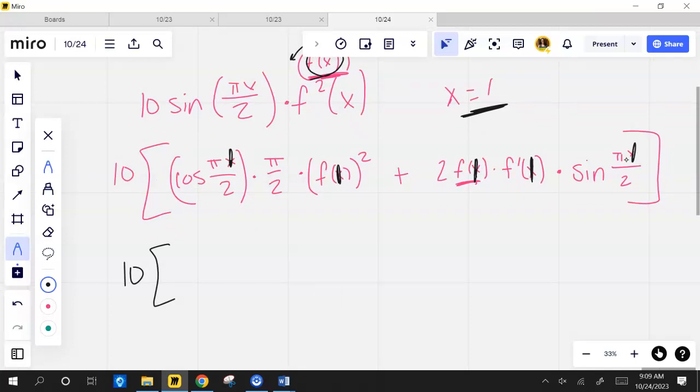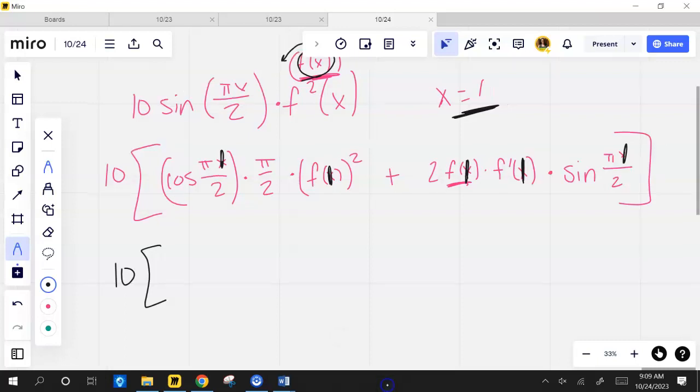What's the cosine of pi over 2? 0, right? I'm up at the top of the circle. That's 0. None of this matters because I'm multiplying to 0. Plus 2 times, what's f of 1? That's in your chart. -3. What's f prime of 1? 1/5.